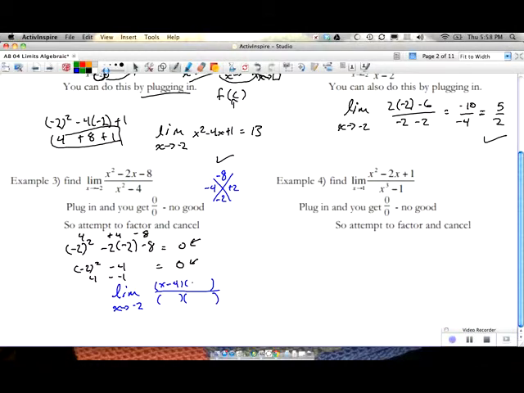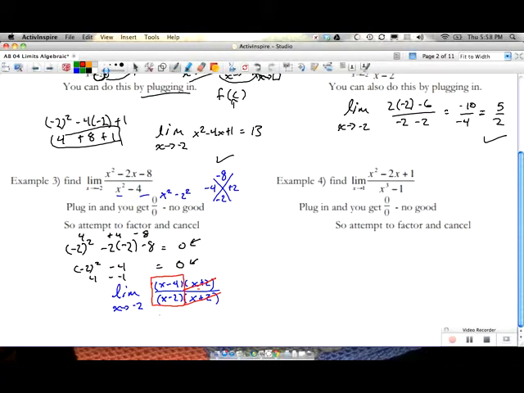So this would be x minus 4, x plus 2. Then the bottom is just a difference of squares, because 4 is really 2 squared. That's x squared minus 2 squared. So that's going to give us x minus 2 times x plus 2. This helps us because once we can see x plus 2 over x plus 2, that simplifies to 1. So we're just left with this piece here.